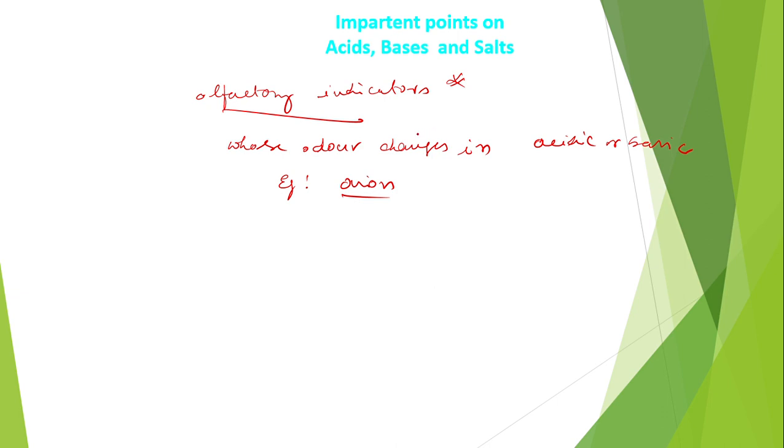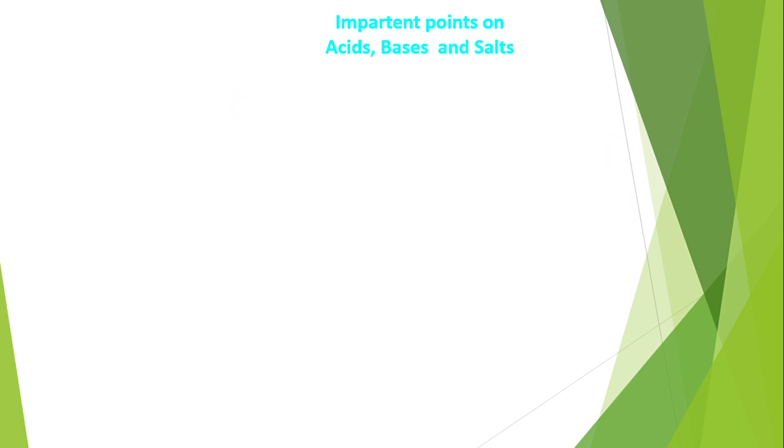Okay, now till now what we have seen? Acids, bases, and indicators. Now only salts are left. Now we will discuss some important points on salts. Salts are obtained by neutralization of acids and bases.